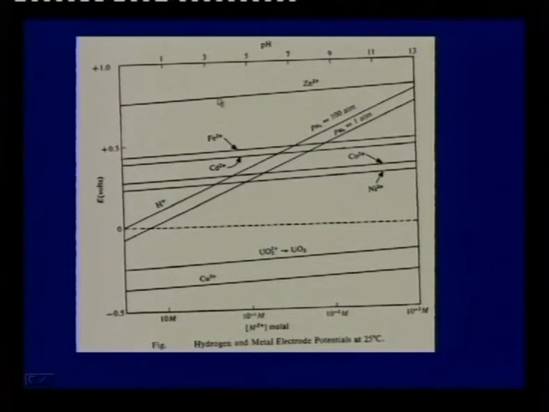Something like zinc metal cannot be produced, no matter what pressure of hydrogen you give or how alkaline it is, because it is far too high in the electrochemical series.